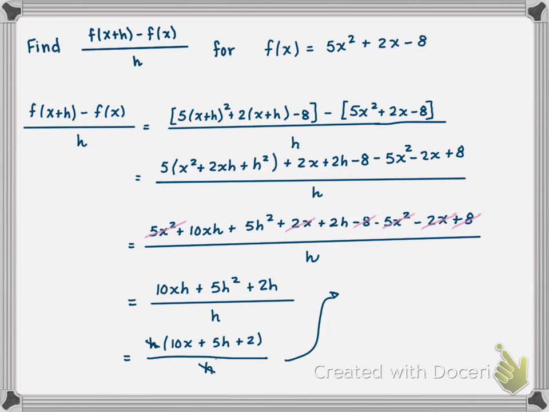So we'll give you a final answer of 10x plus 5h plus 2. And like Zach and I were just talking about, the order of those terms isn't super important. If you had a different order, as long as you have those terms and the signs are right, then that looks good. Any other questions on this?